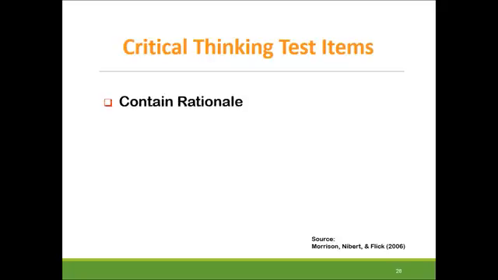Critical thinking test items are always going to be composed of some of the components here that need to be consistently present. So there should always be a rationale. Whether the students are allowed to view that or not is really at the decision of the faculty.